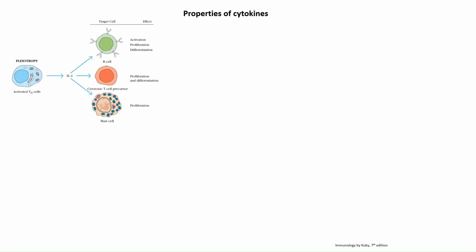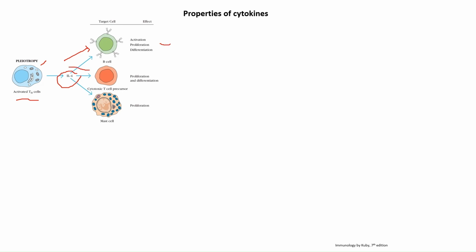Now if we look into the properties of the cytokine, the first property of cytokine is that it is pleiotropic in nature. What do we mean by pleiotropic? This is the cell which secretes cytokines. Now which cytokine is it secreting? Interleukin 4. Now this interleukin 4 can have a target on B cell for its activation, proliferation and differentiation.